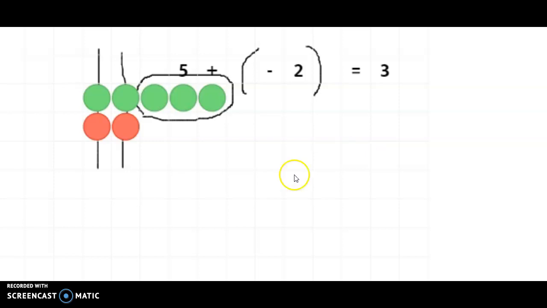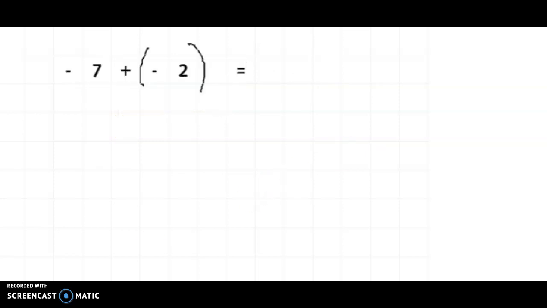Okay, let's do another one real quick. So which rule is going to apply here? Do we have same signs or do we have different signs? We have same signs, a negative plus another negative. So same signs, our rule is to add and keep the sign. Let's model it to make sure we understand.